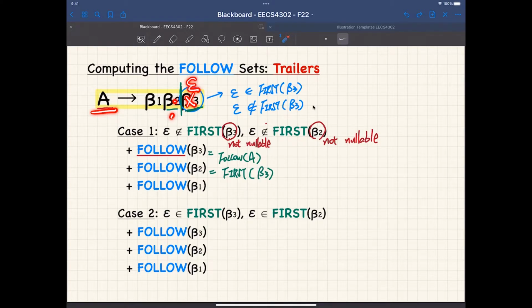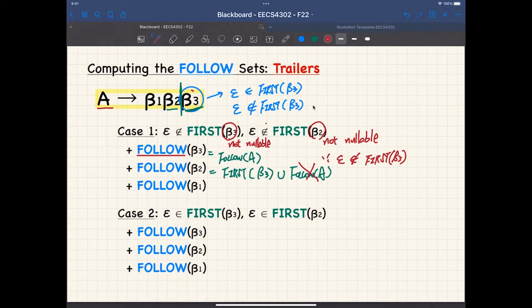Not really, because we assume beta 3 is not nullable. Okay? So we're going to say union with the follow of A. So in this case, no, because epsilon is not in the first of beta 3.